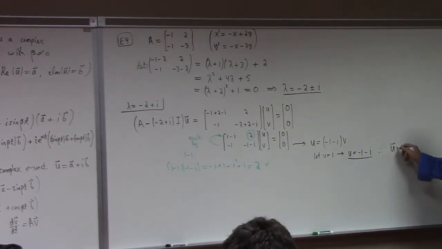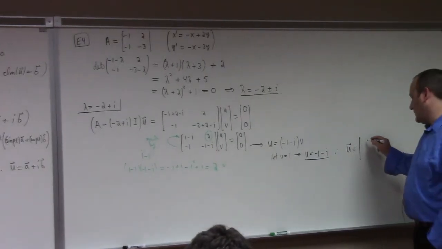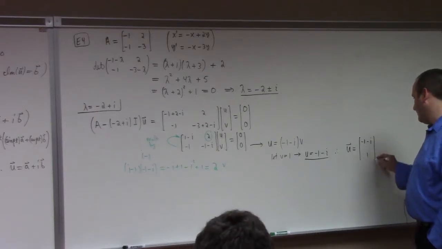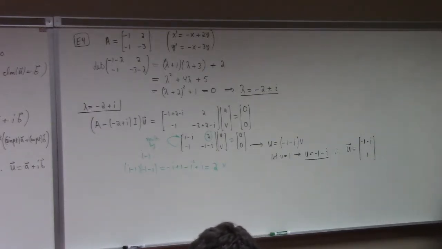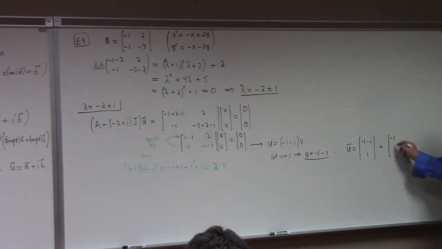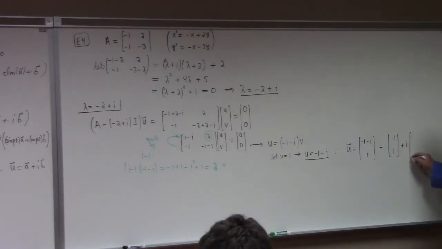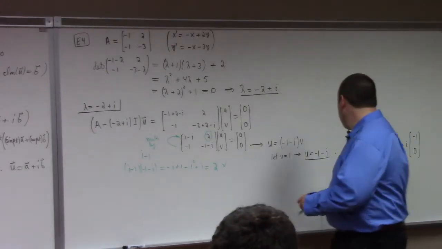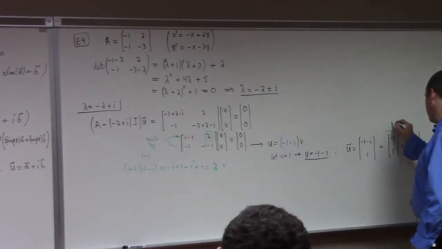So our eigenvector, complex eigenvector in this case, would then be minus 1 minus i, 1. And so what are a and b going to be here? The real part is minus 1, 1.